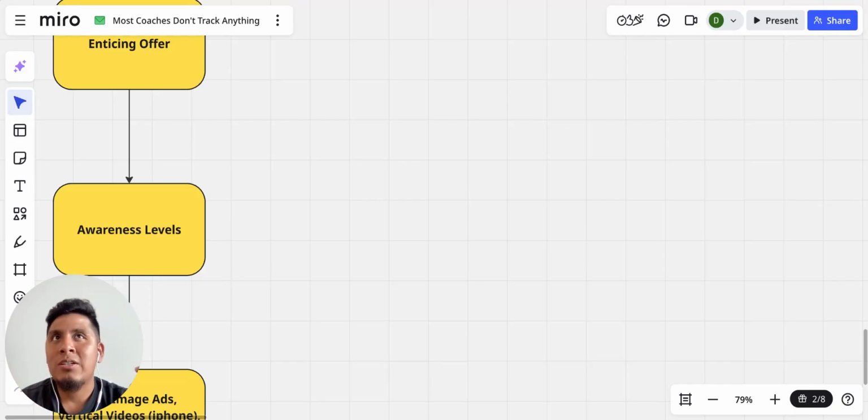When in reality, the product aware and most aware people only really take up 3% of the actual market, right? About 60 to 70% of the market is actually in other levels, and that's really problem and solution aware, right?